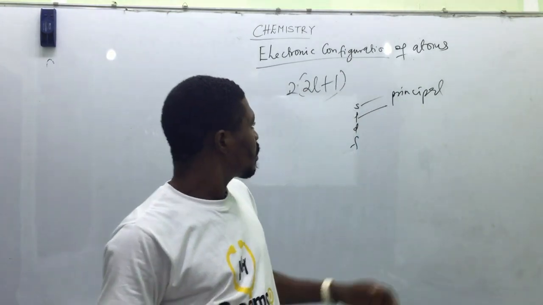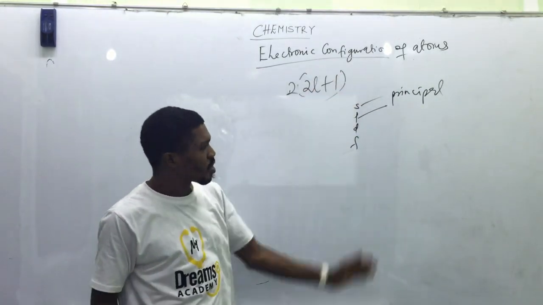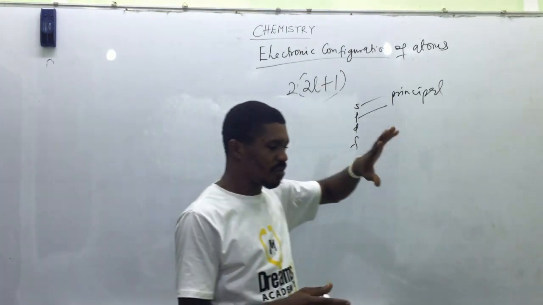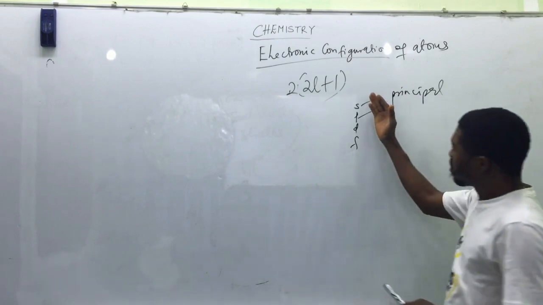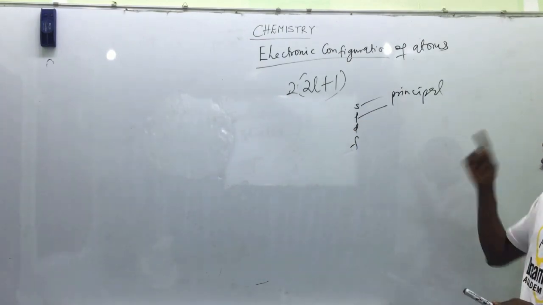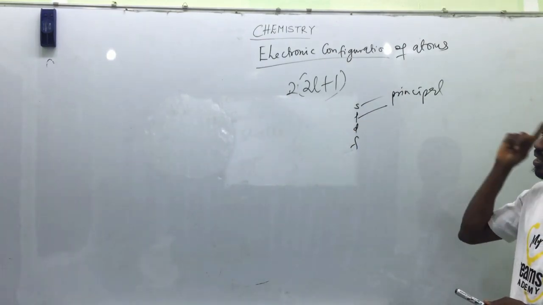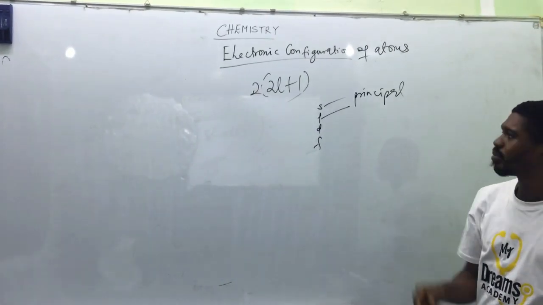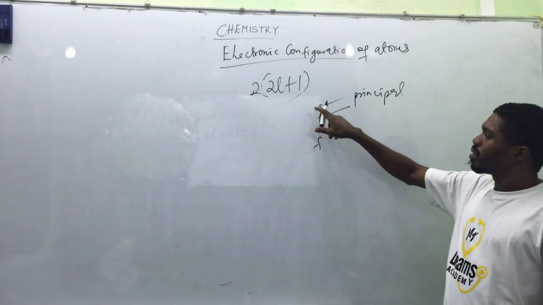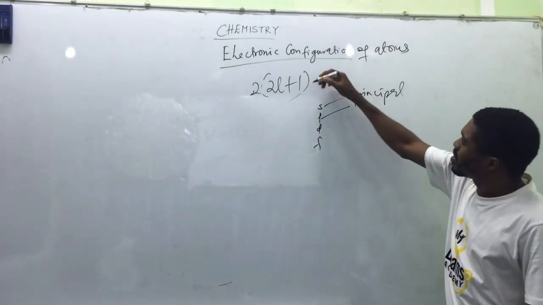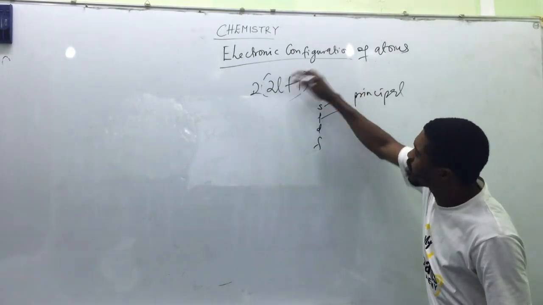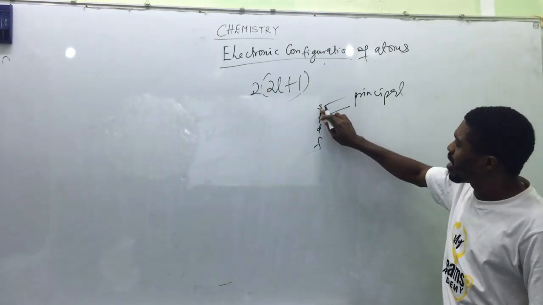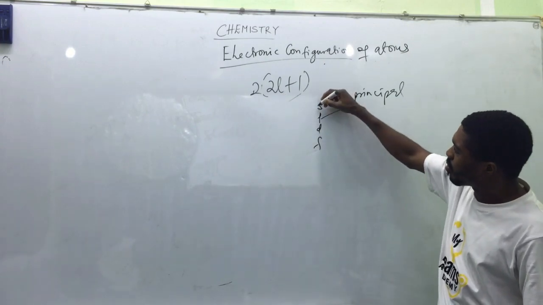Now, all these subshells, s, p, d, f, I didn't say orbital because the orbital is different. Each of them is characterized by a number called the azimuthal quantum number, which is this symbol l, small l, not capital L. The azimuthal quantum number, or the l value, of s is 0.